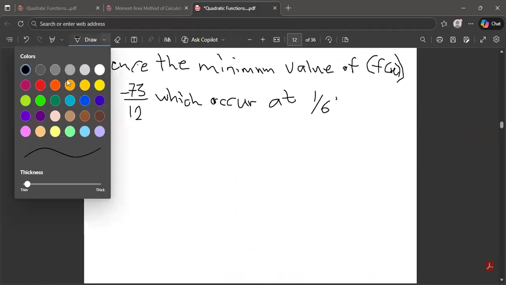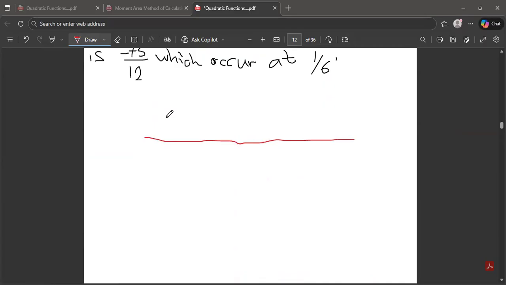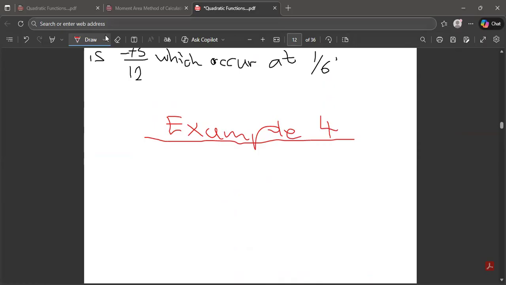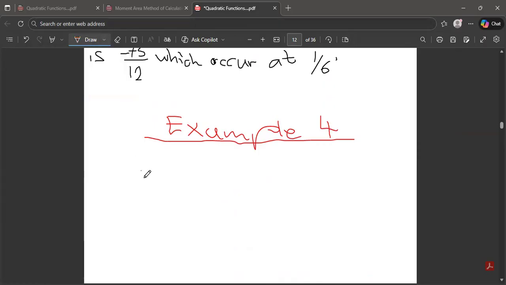So quickly solve this. I'll be sending you the videos to watch. Quickly solve this and give me feedback. So that is going to be our example 4. Listen to the question. Determine whether the graph is a minimum or maximum, and tell me the point at which it occurs.